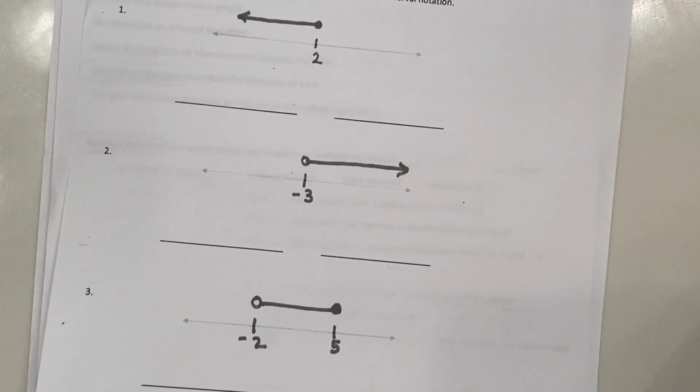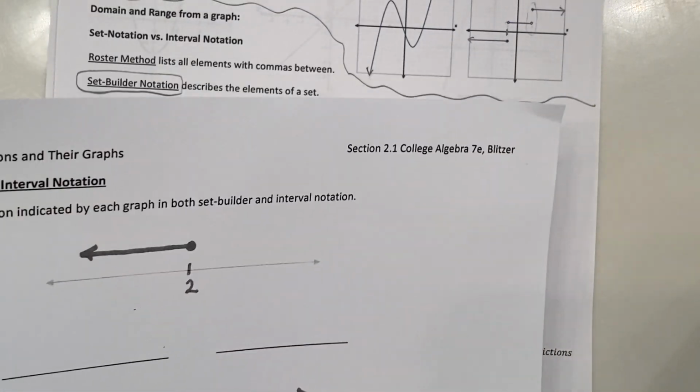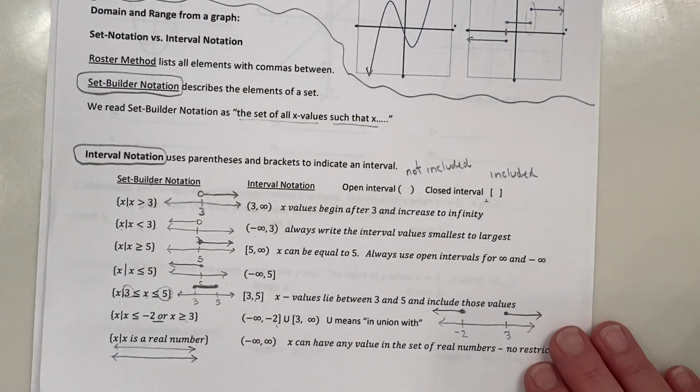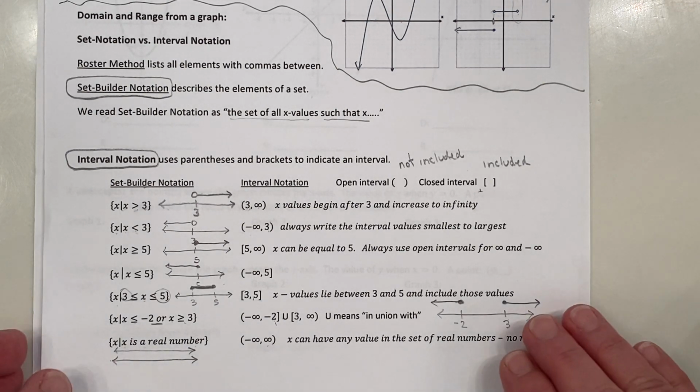I also will create another short video, and I'll attach that in the same week's lesson. So if you find that you need some more practice, consult that other worksheet and that video, and hopefully that will give you the extra review that you need.